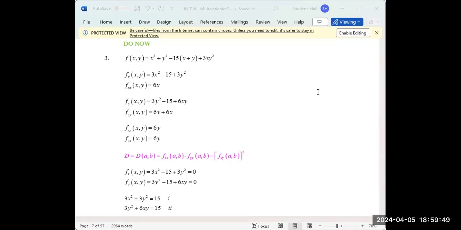I'm going to give you one more to do that is going to be solvable, and then 2 more to do in class. And then I'm definitely going into some past paper questions.